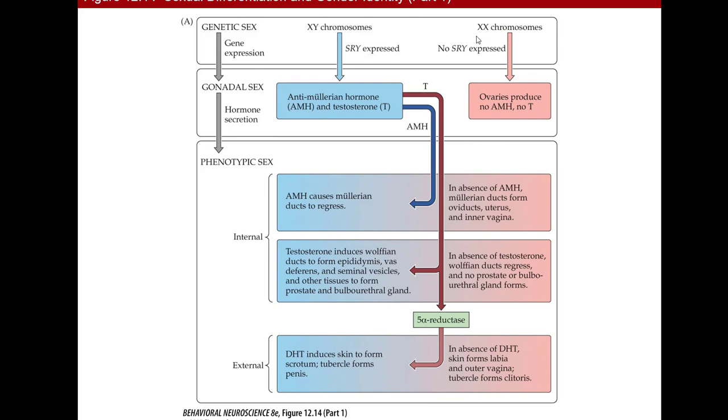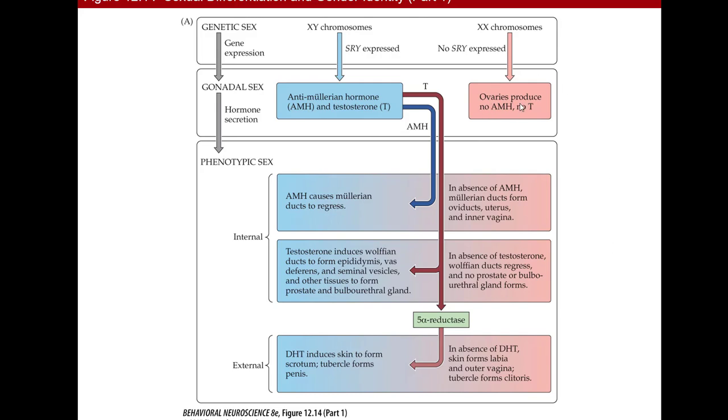On the other hand, if an individual has XX chromosomes, then there is no SRY gene. So the indifferent gonads develop into ovaries. Now, ovaries do not produce that testosterone, so that's not going to cause the Wolffian system to develop. They don't produce anti-Mullerian hormone, so that's not going to cause the Mullerian system to fade away.